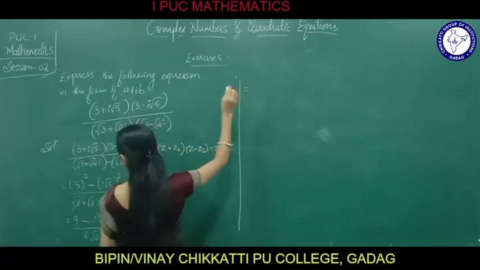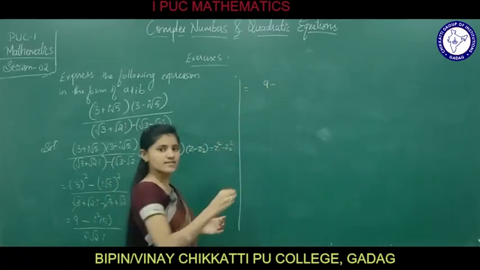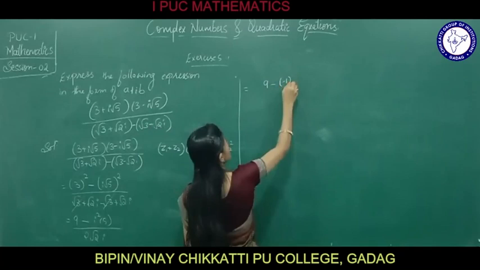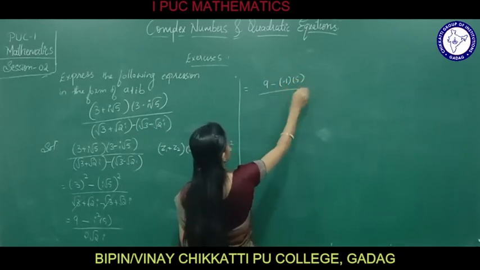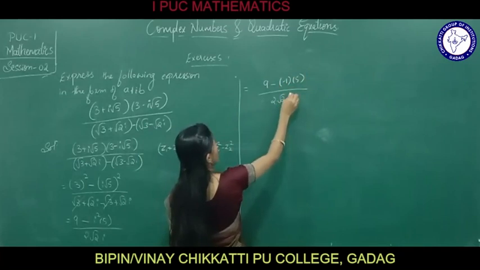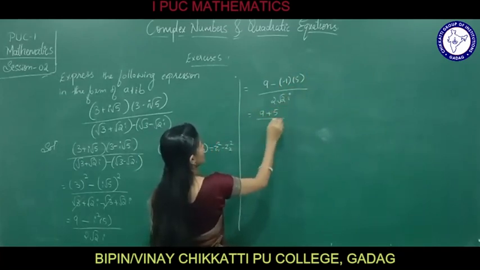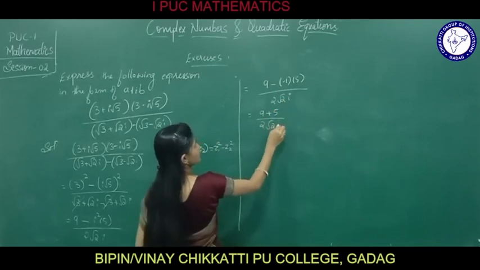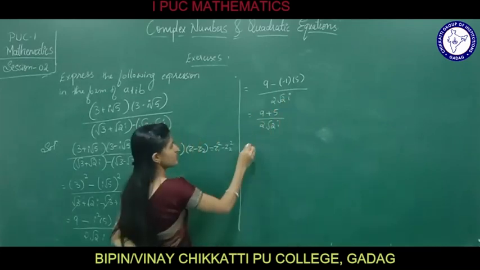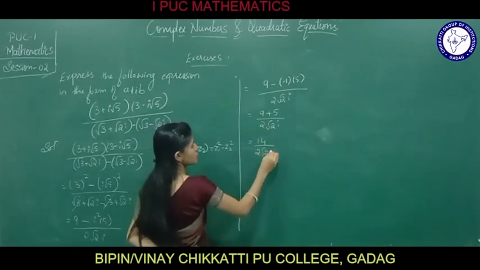This can be further simplified as 9 minus, we know the value of i square, it is minus 1, into 5 divided by 2 root 2i. Nothing but 9 plus 5 divided by 2 root 2i. 9 plus 5 is how much? 14 divided by 2 root 2i.